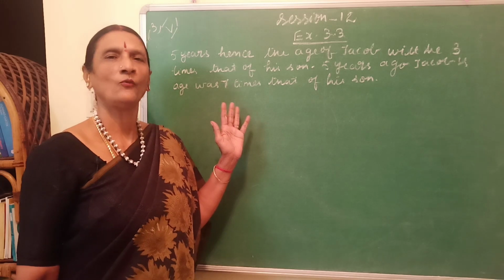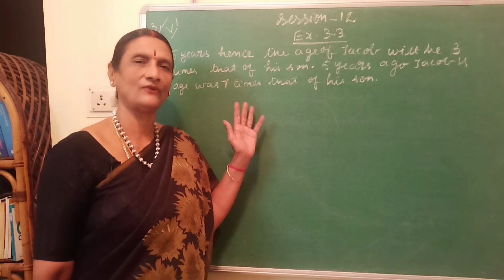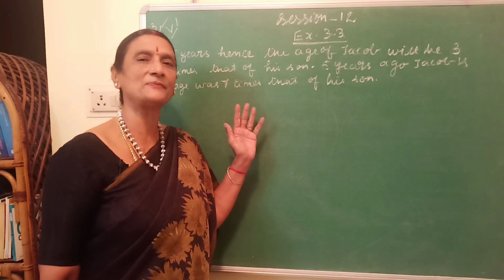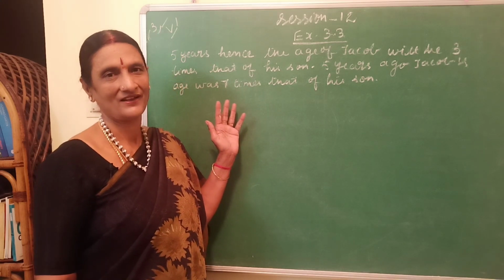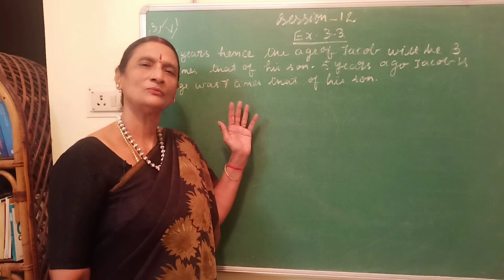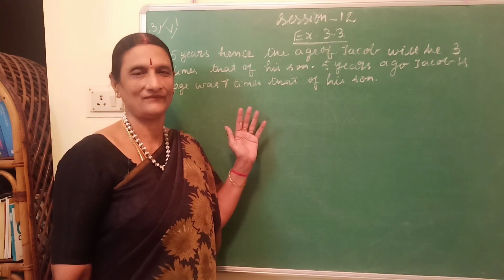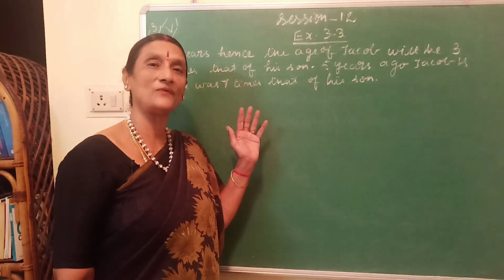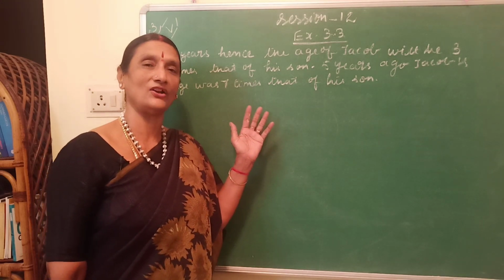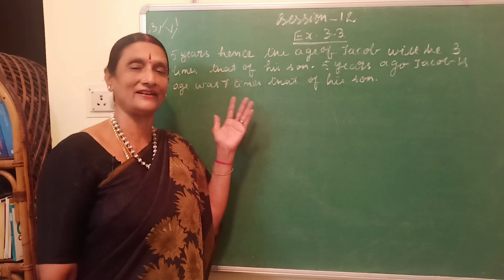Now, one thing you should remember, children, for age sums, what is very fundamental? The difference between the two ages. What keeps changing? The ratio of the ages. Whom are we comparing will be changing. That you can very obviously see with you and your friend or your sibling or your mother or your father, whoever it is.